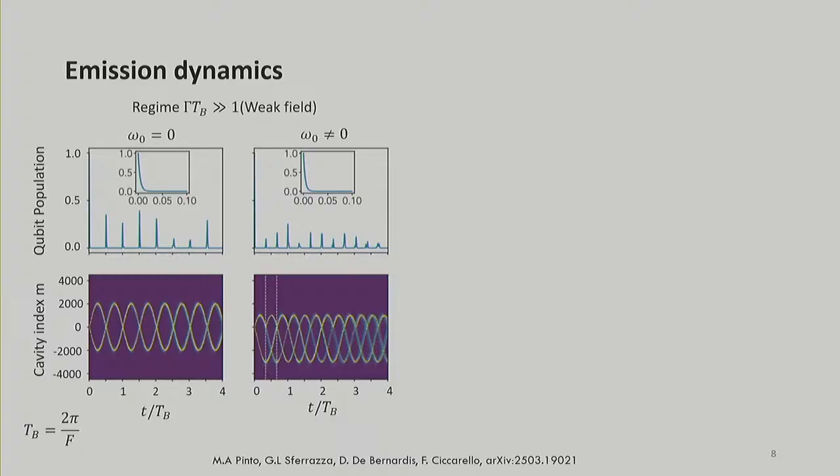If we start with the weak field, here I'm plotting the qubit population, and the inset shows the earlier times of the emission. You can see that, like in the case without the field, we have an exponential decay, but at some point we start to see revivals in the dynamics.